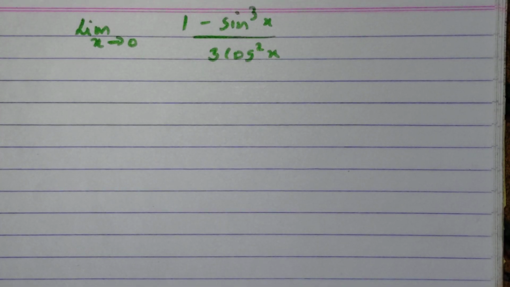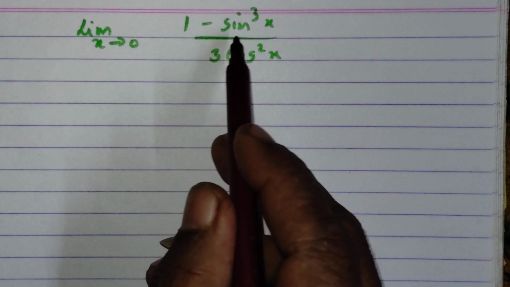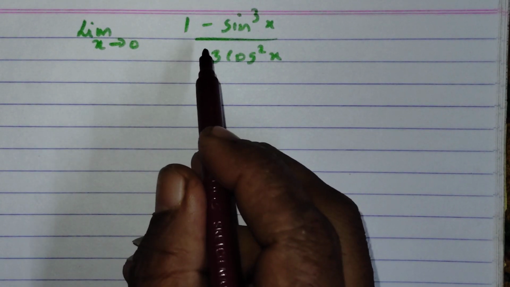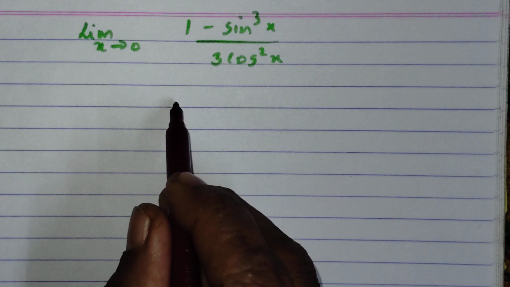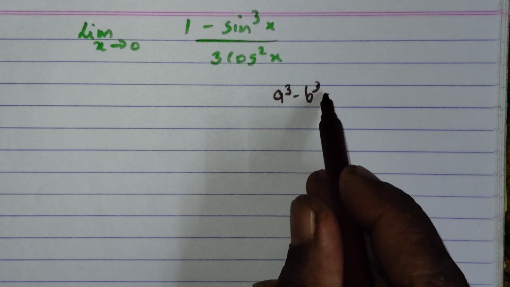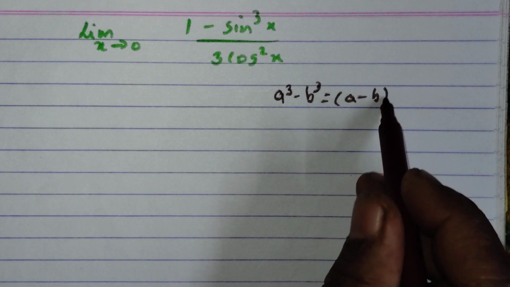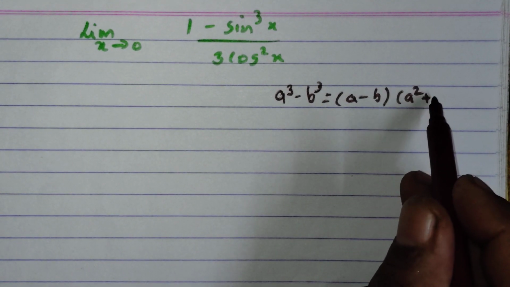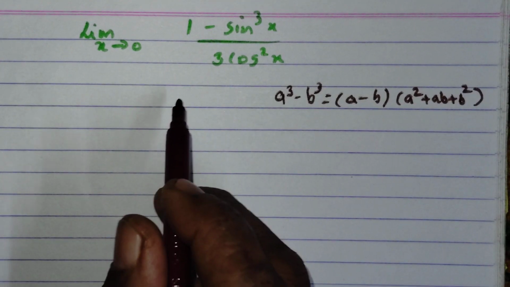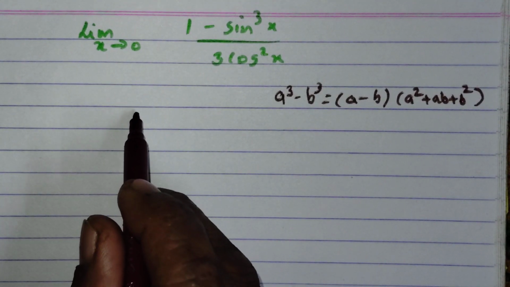In our next problem, there is limit x tends to 0, (1 minus sin cube x) upon 3 cos square x. So here we use the a cube minus b cube identity. The a cube minus b cube formula is (a minus b)(a square plus ab plus b square). This is the identity, so we are using this.